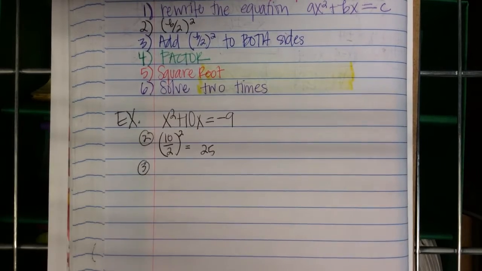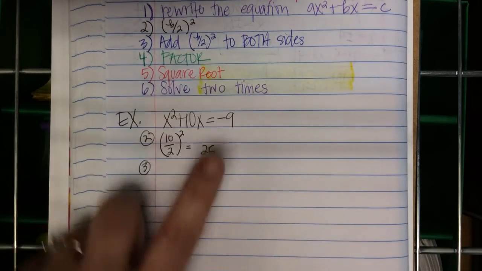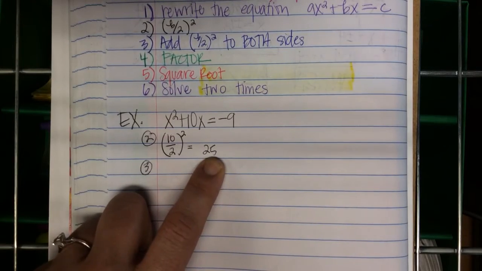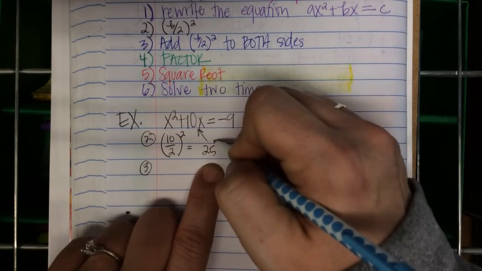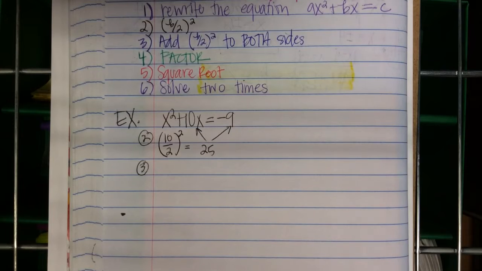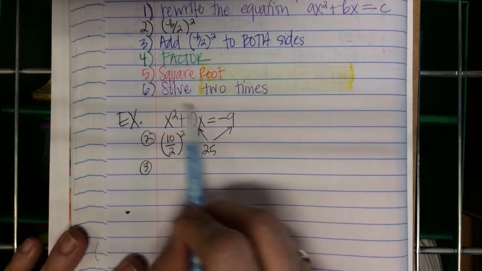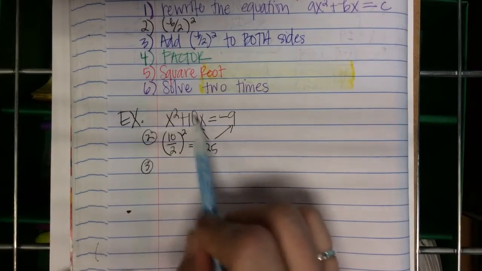Step 3. Add the answer, so what do we get? 25, to both sides. So I'm going to take 25 and I'm going to add it to here, and I'm going to add it to here. Who can tell me the new left side of my equation? Alex?